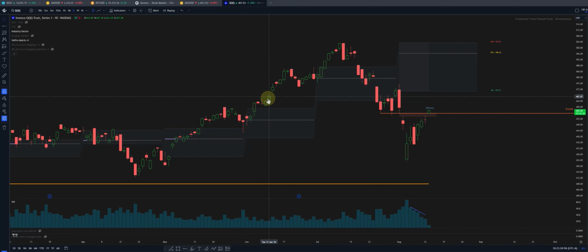Okay, and if the price comes down just like this, the value area high is working as support. Okay, and we will check how to use this one correctly, but first we understand.